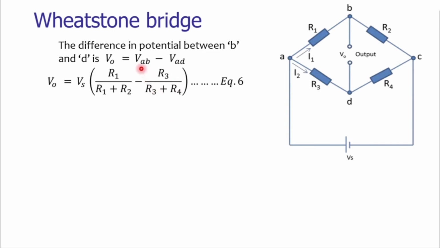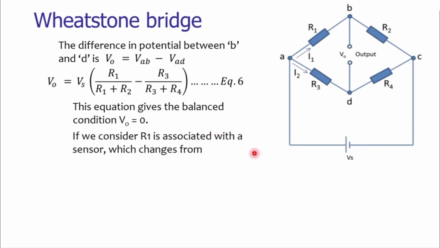We got the correlations for VAB and VAD in the previous slide, so let us keep them in this equation. Then we get Vout equal to the supply voltage Vs times R1 divided by R1 plus R2 minus R3 divided by R3 plus R4. This equation gives the balance condition when the voltage is equal to 0.